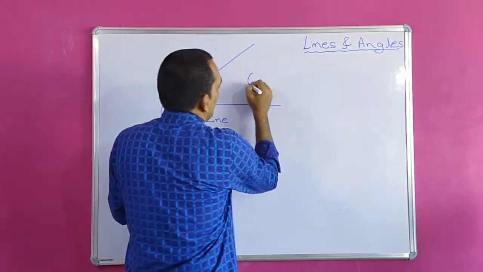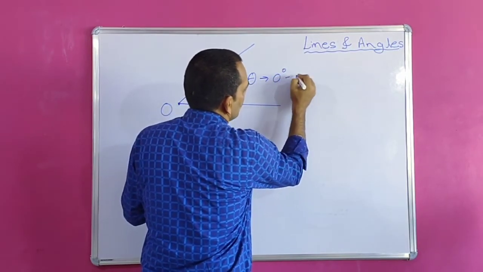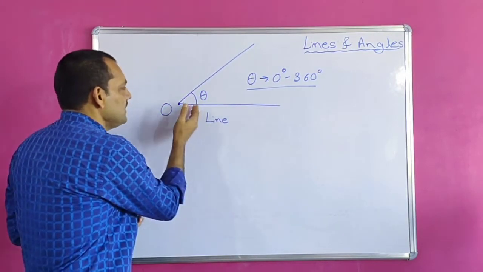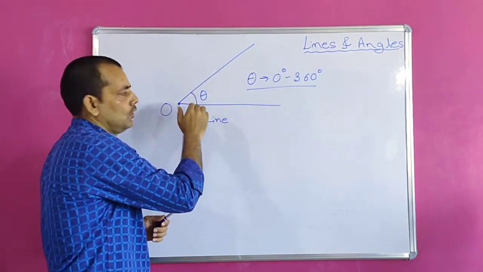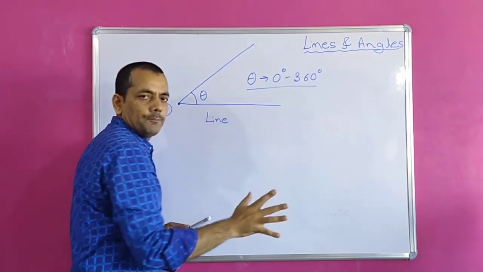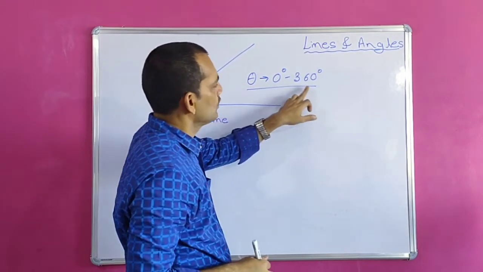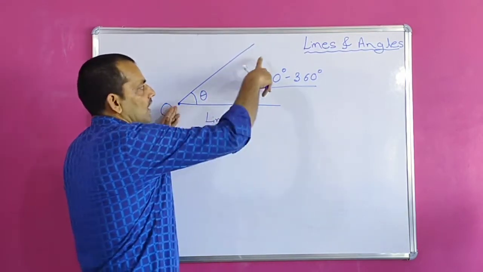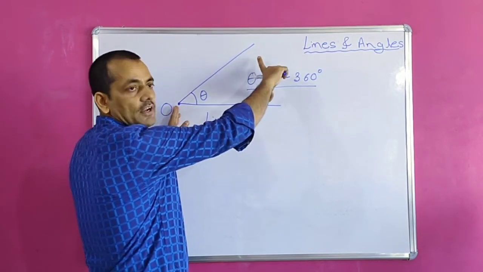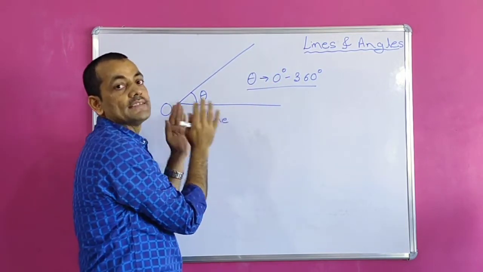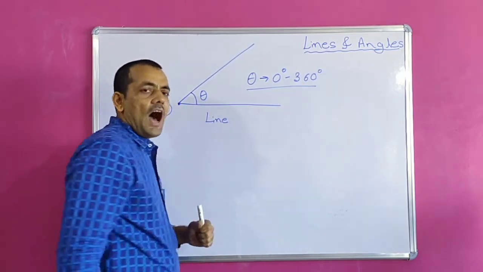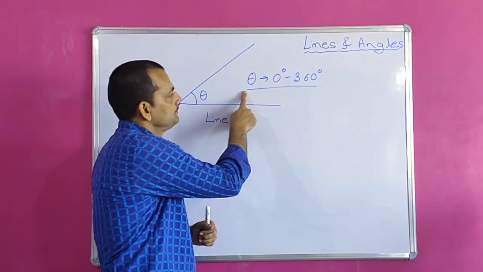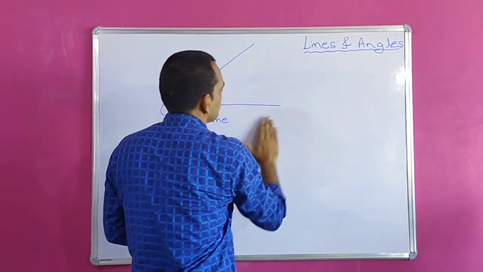The value of theta will vary from 0 degrees to 360 degrees. 360 degrees means a complete circle and 0 means overlapping. Now there are different types of angle depending on the value of theta. Let's go through them one by one.